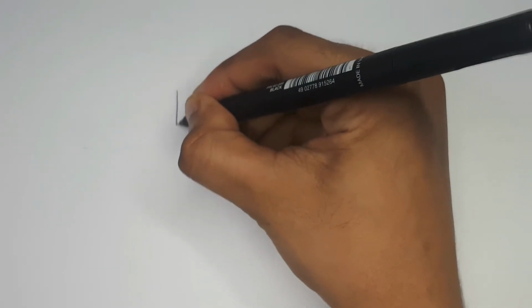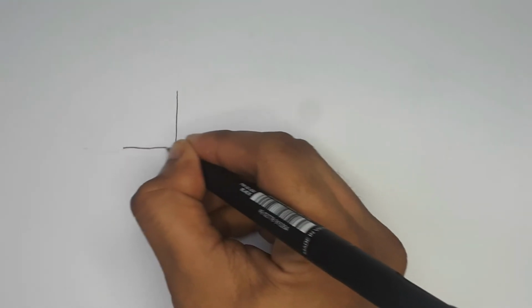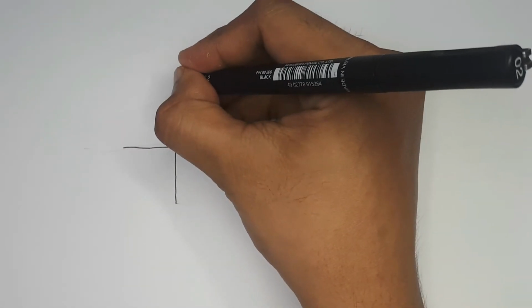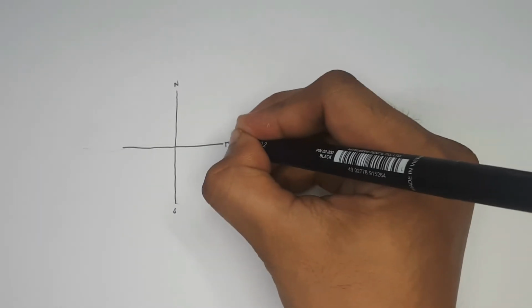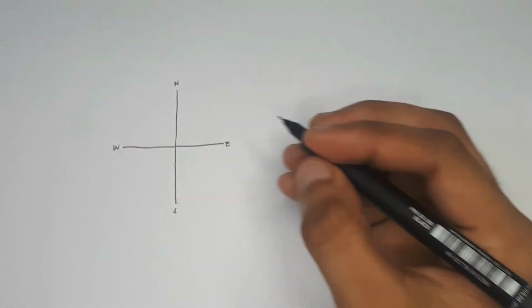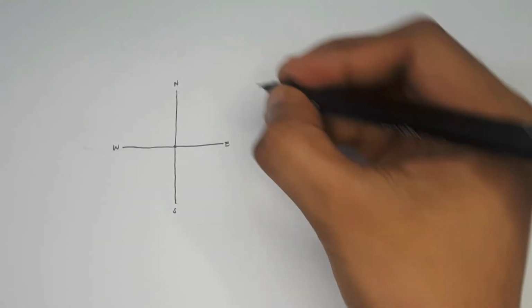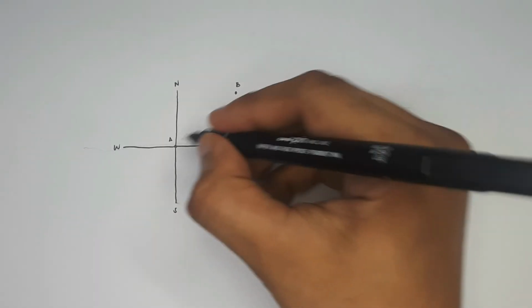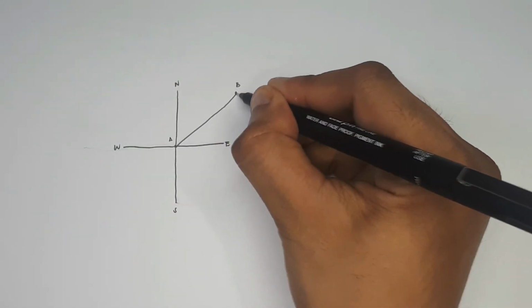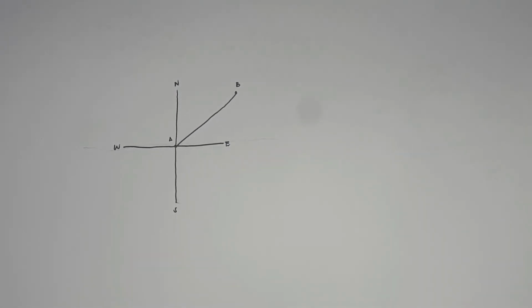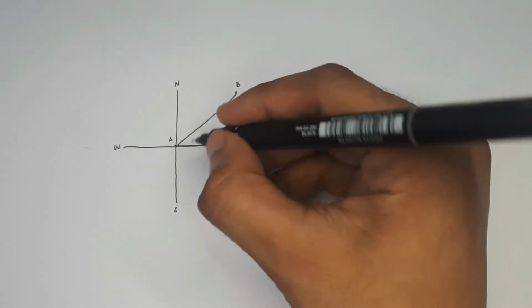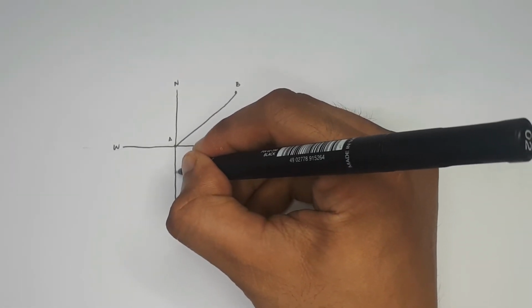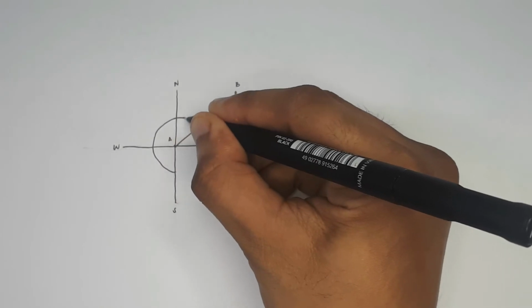So for example, let's draw first our north, south, east, west lines. So this will be the north, south, east, and west line. So we have here point A and point B. We will just align these two, and our azimuth will start from the south branch of the meridian going to this line.